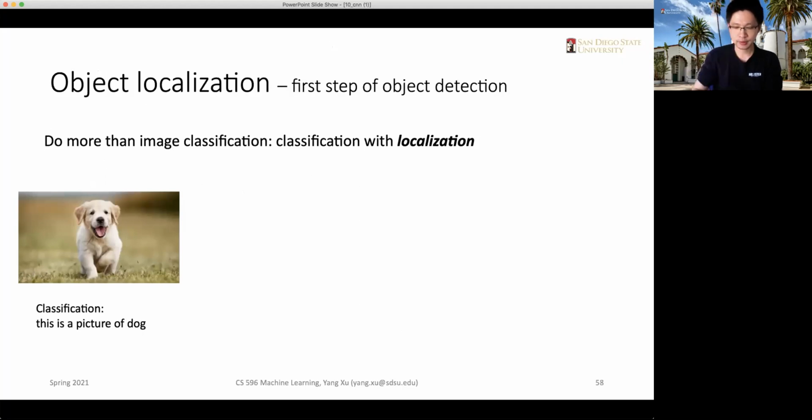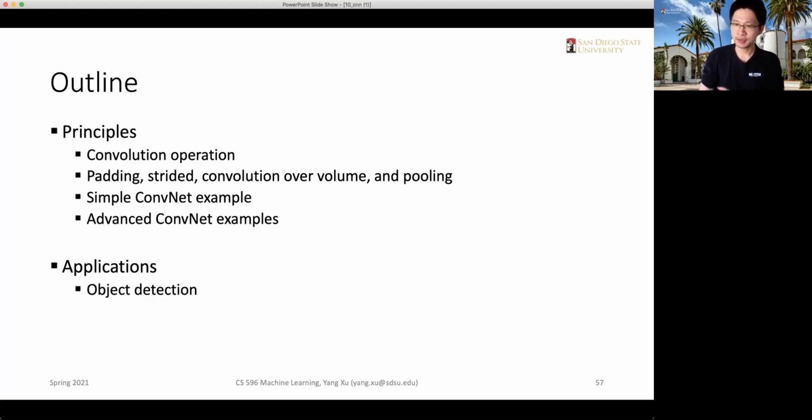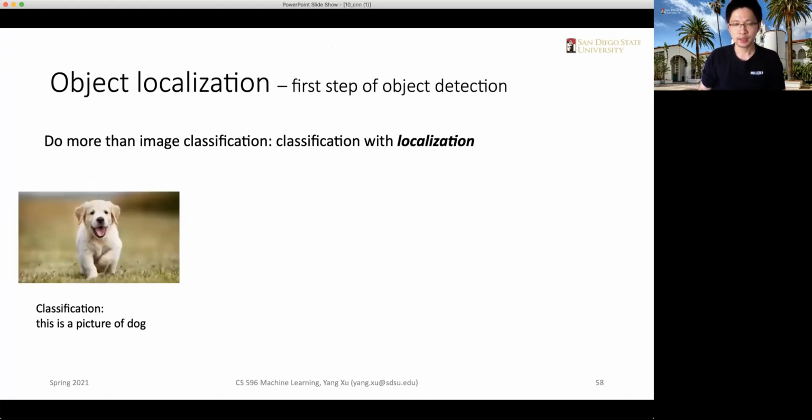Object detection is, I would say, a complex task. It's not just about classifying one image. It's about using a sliding window to go through an input image and trying to find the region that contains an object in it.